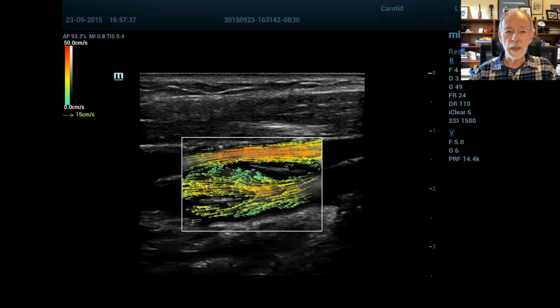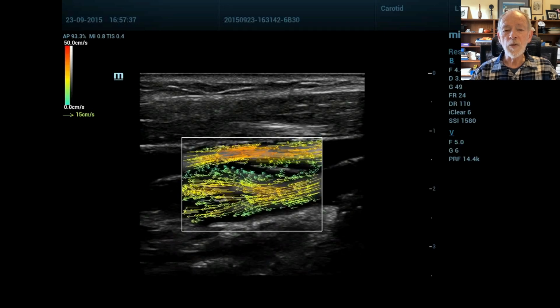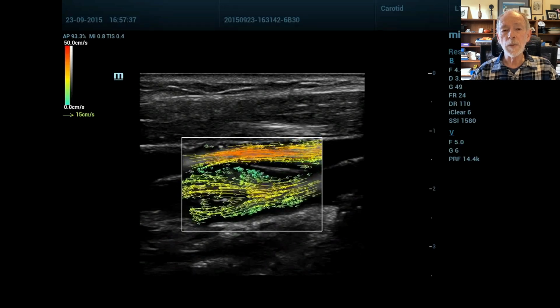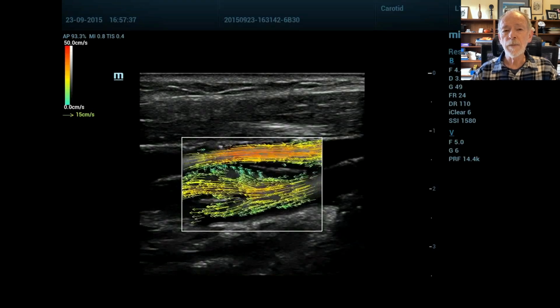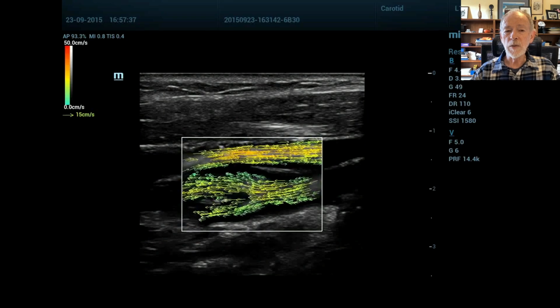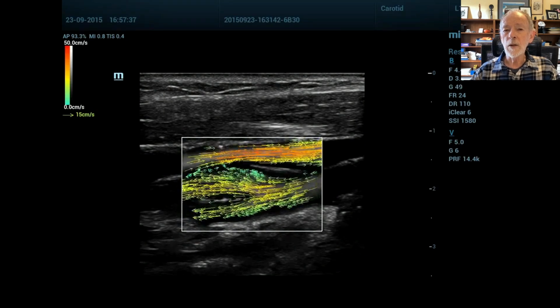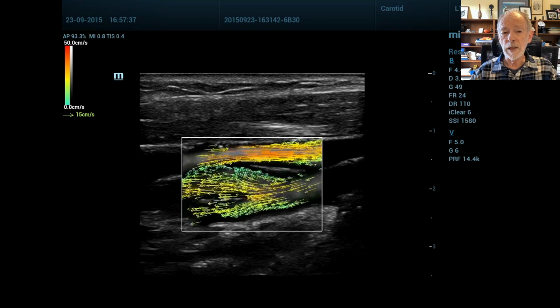Here's another application of the high-speed imaging. With very high-speed imaging, it becomes possible to do speckle tracking on moving blood. This diagram shows you the results of doing speckle tracking on the carotid bifurcation and the adjacent jugular vein.